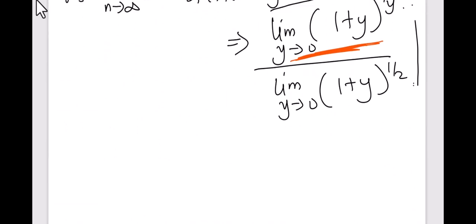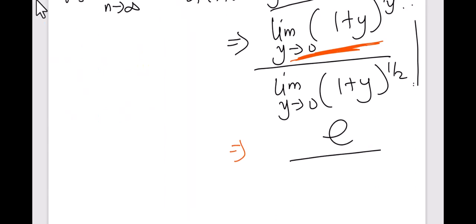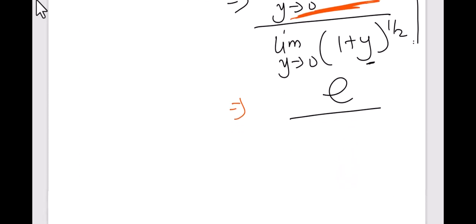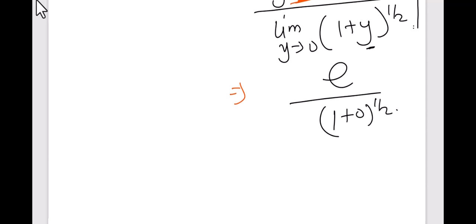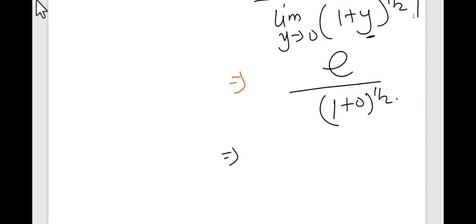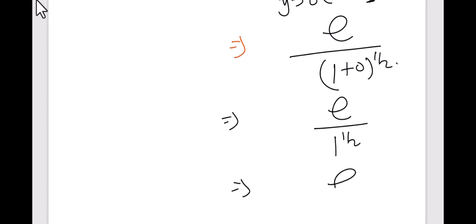So this will imply that we will now have e over, as y goes to 0, 1 + 0 all to the power half, and so this will imply we have e over 1 to the power half, and this is just e as our final answer.